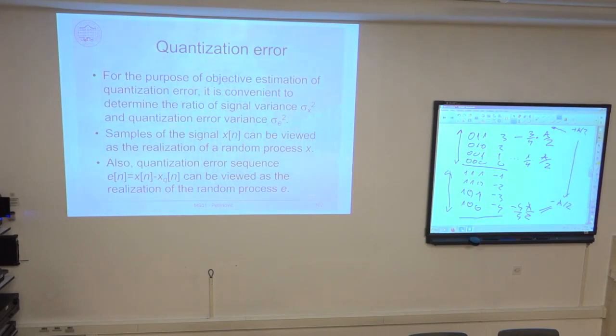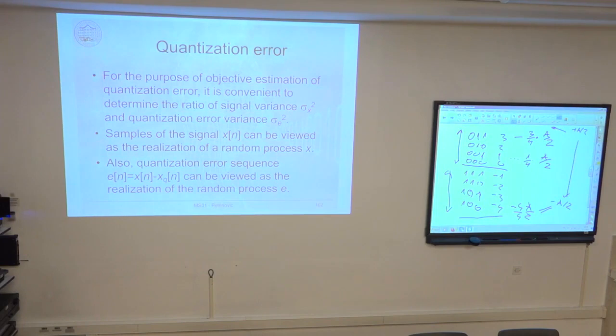Okay? So it says here, samples of the signals can be viewed as a realization of a random process X. So I have a random process X with some kind of distribution, and I have also another random process for the quantization error. So this sequence can also be treated as a random process.